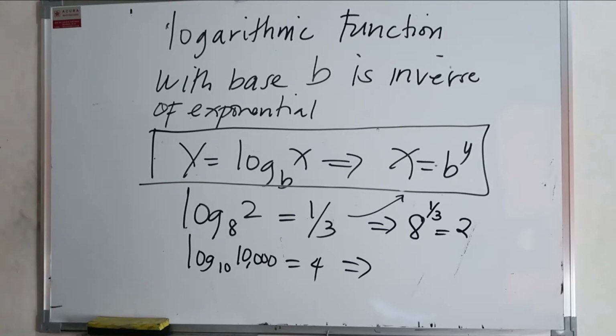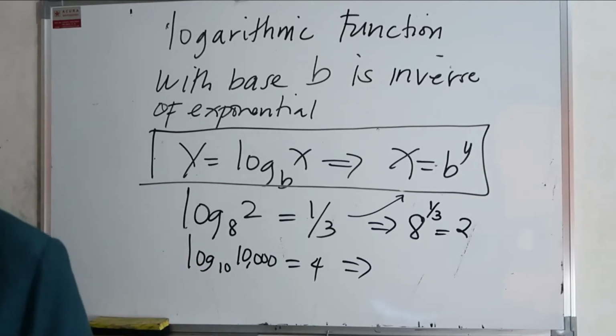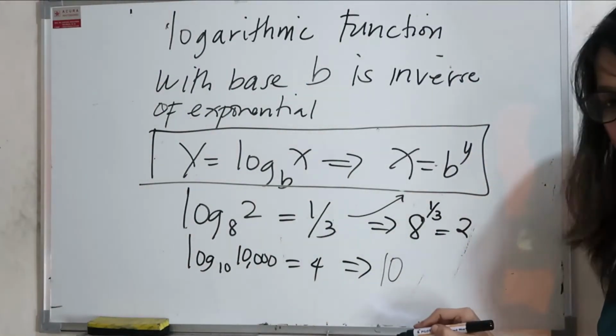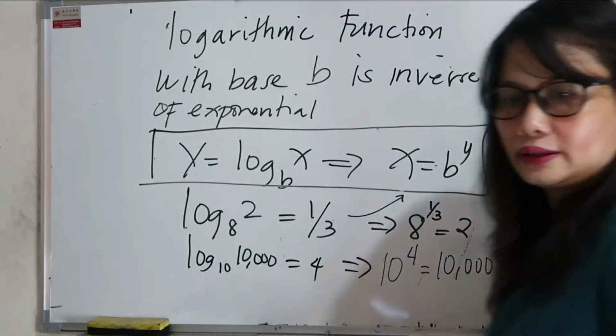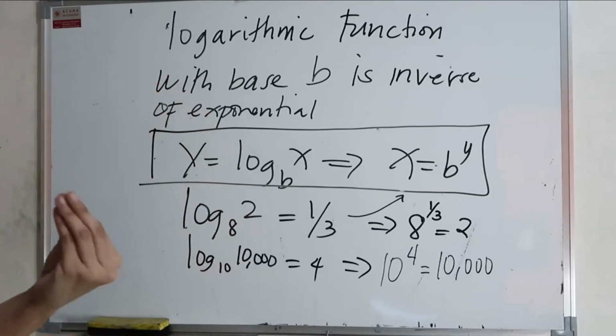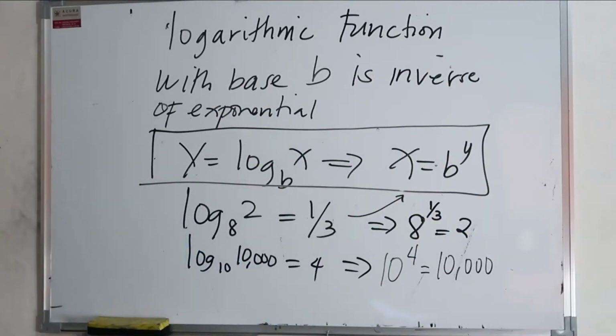Anyone? 10 raised to 4, x equals 10,000. Okay, very good. So 10 raised to 4 equals 10,000. So that's the concept: how do we convert a logarithmic function to an exponential function and vice versa? Take note of this.